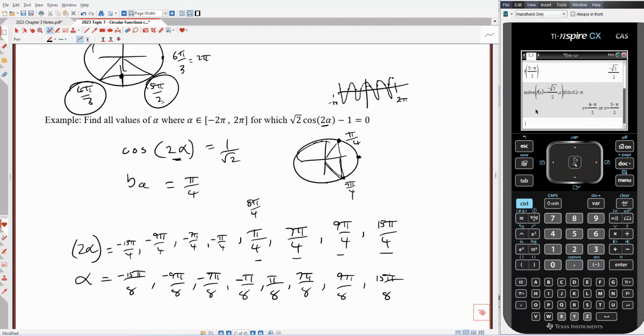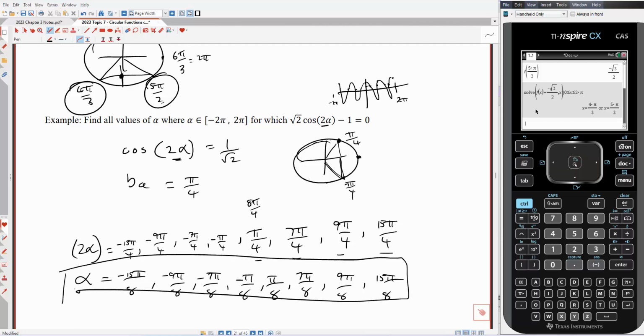And we can see that 16 pi on 8 would be 2 pi, so we've hit the max part of the domain here, I'm pretty sure of that, and we've also hit the minimum part of that domain there. So we've got all of our solutions right here.